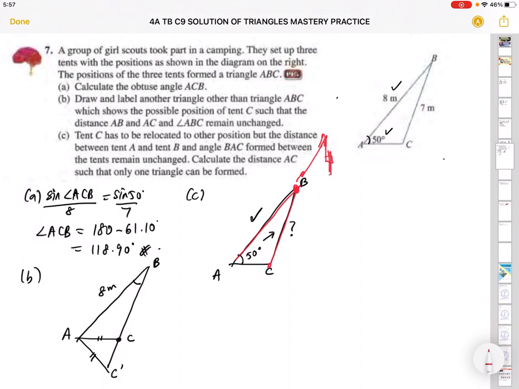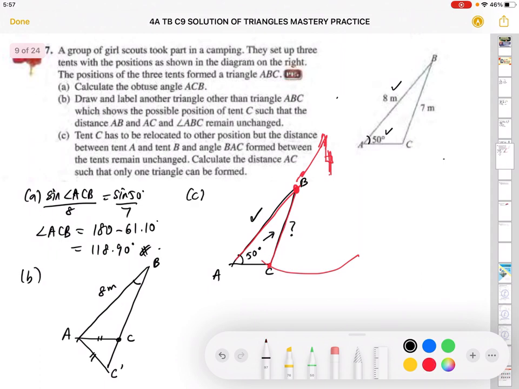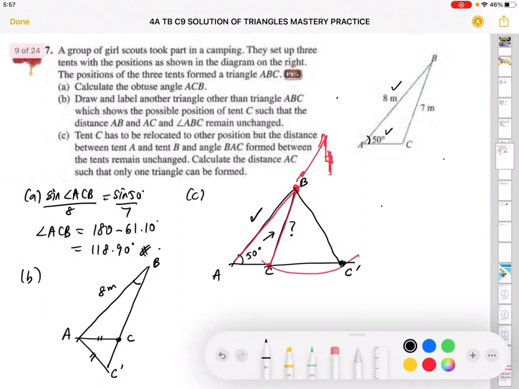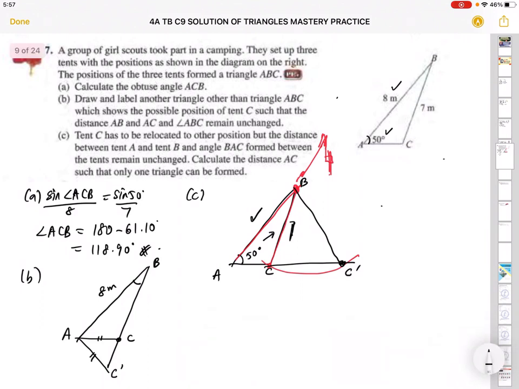The arc will meet the extended line AC here. So there are two possible triangles that we can form. You will always have two possible triangles while maintaining the length of BC. But there's one case where you only have one triangle. How can you have only one possible triangle?